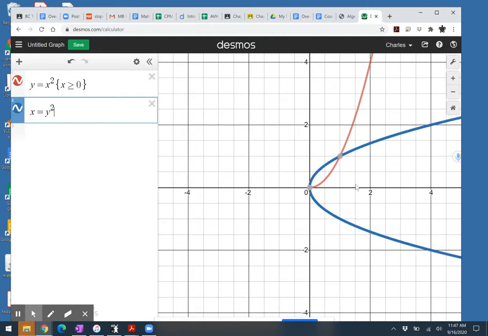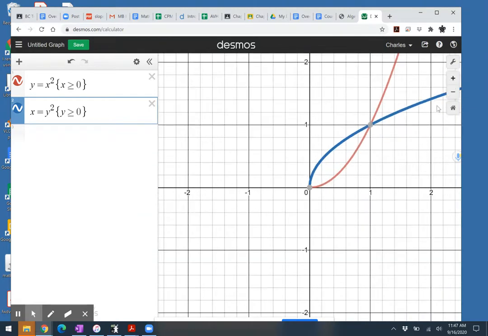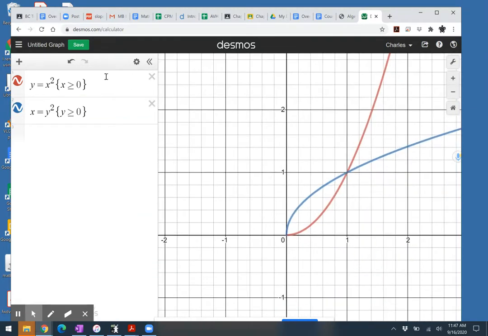The restriction that I want to make is y is greater than or equal to 0. And so what was the domain restriction in one becomes the range restriction in the other. And now these things look like inverse functions.